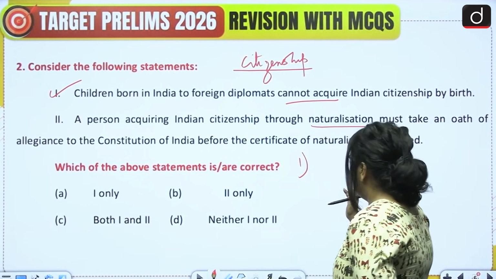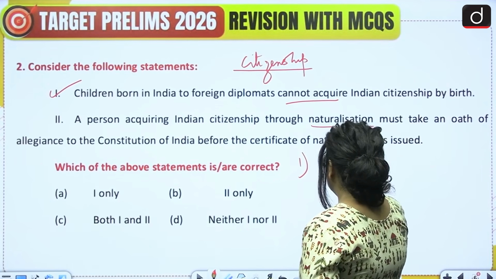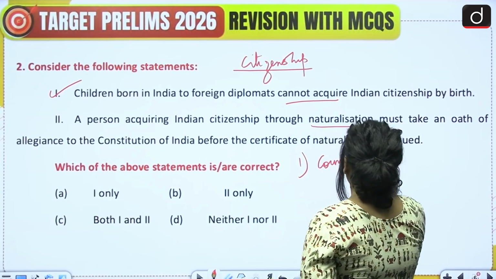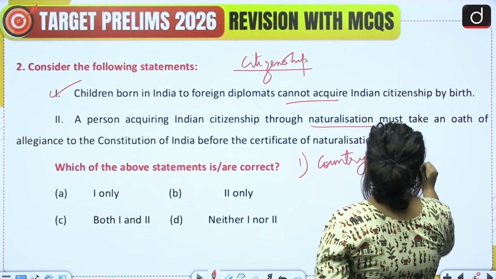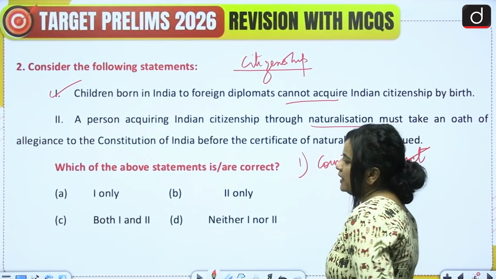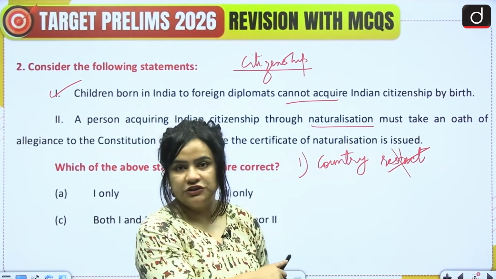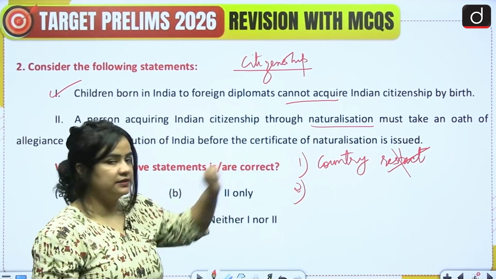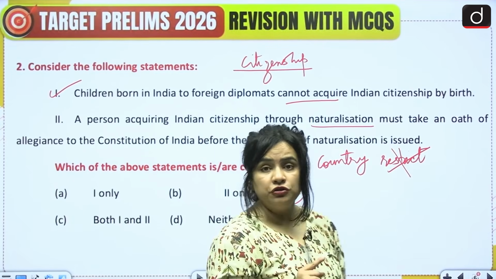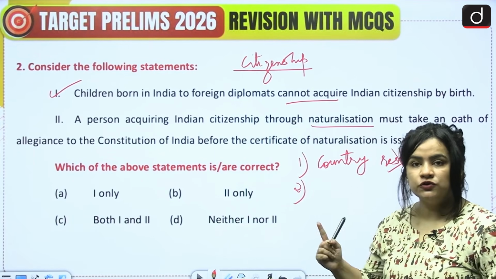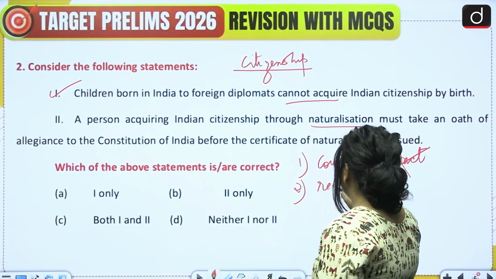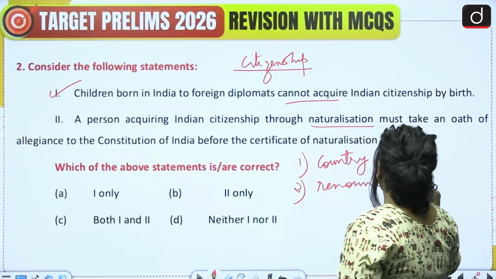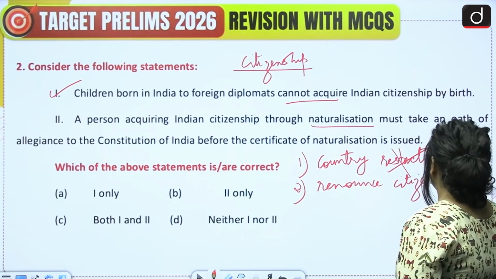So that person who belongs to a country which does not restrict Indians to attain citizenship by naturalization is eligible. Secondly, the person who has applied for this naturalization should also be willing to renounce or give up their citizenship of the country to which the person originally belonged. That is the second criteria.